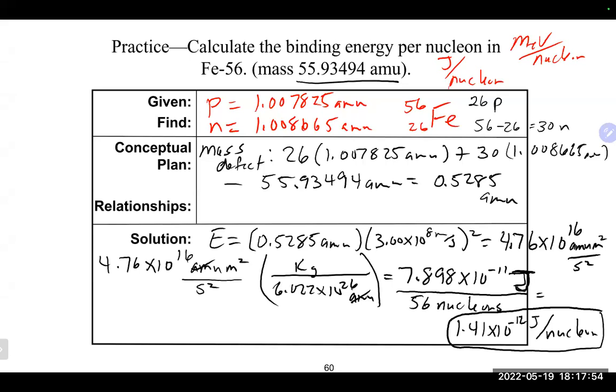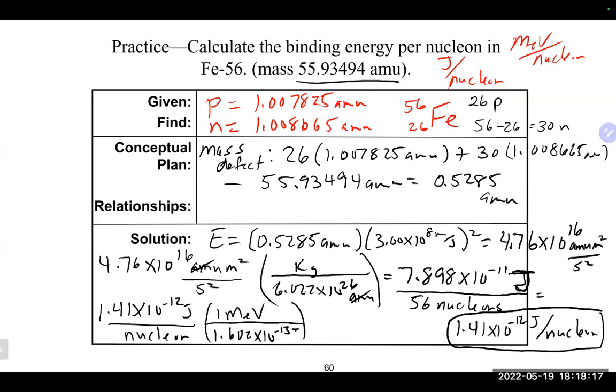At this point, I can just take that final number and use the conversion to go to mega electron volts. If I do that, we have 1.41 times 10 to the minus 12 joules per nucleon. And again, 1 mega electron volt is 1.602 times 10 to the minus 13 joules.